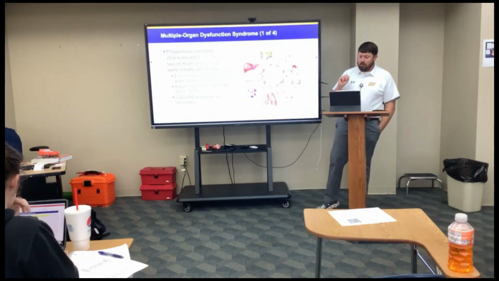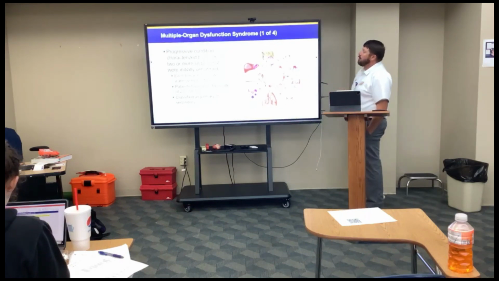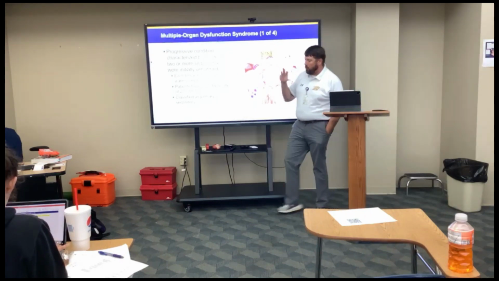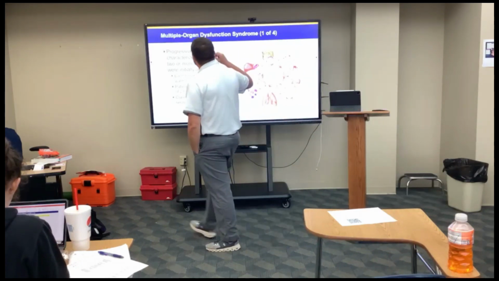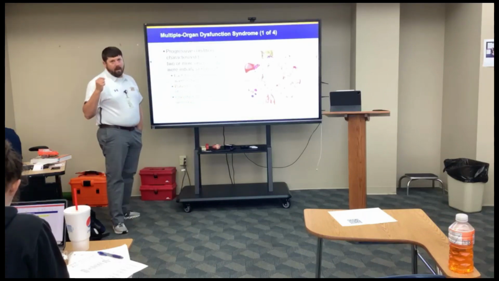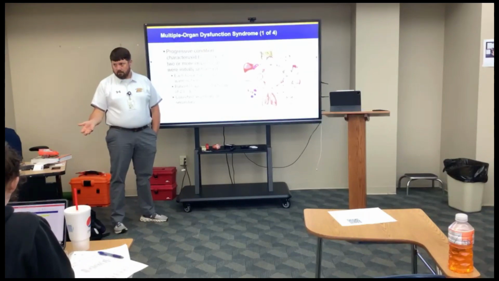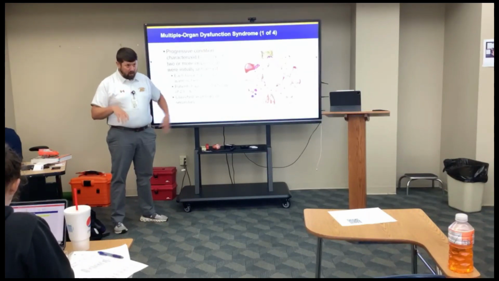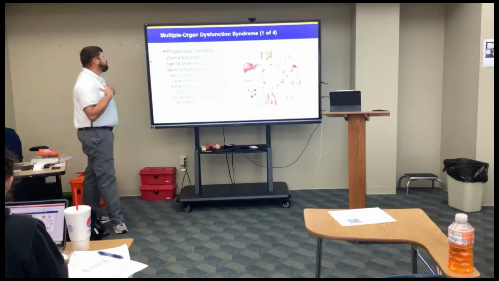All right, so what happens? What are we concerned about with shock? Just what are we concerned about as far as organ failure and all that? So MODS, M-O-D-S. Have y'all ever heard of ARDS, adult respiratory distress syndrome? ARDS is part of MODS, but it's the lungs. All right?